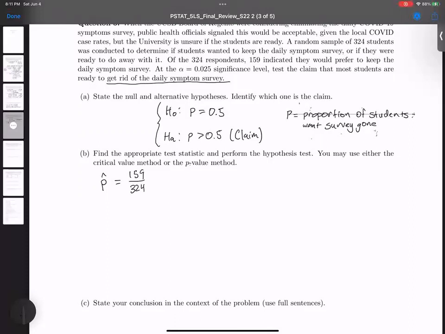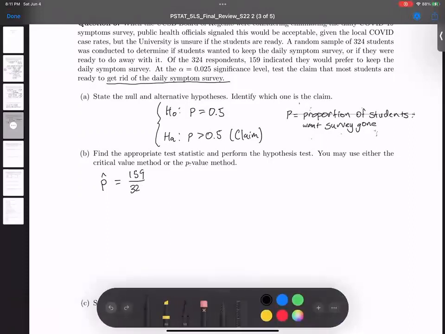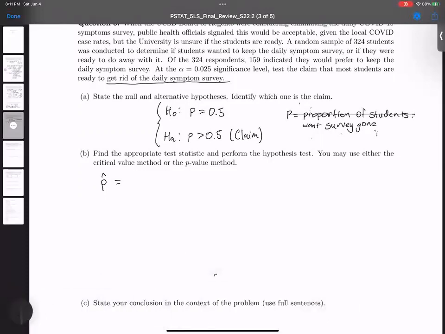So instead, this is actually the opposite. This is 324 minus 159 over 324, which is equal to 165 over 324.